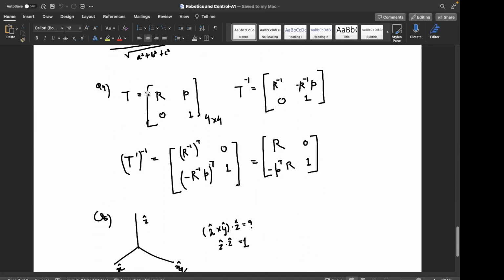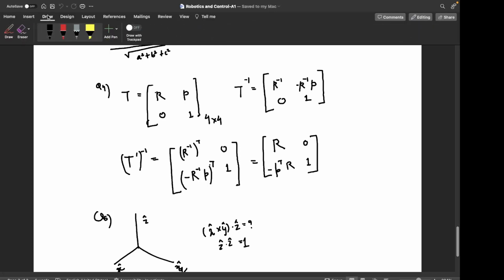So let's say this is a transformation matrix. The general form is that we have a 3 cross 3 rotation matrix in it, and this is a 3 cross 1 vector which denotes translation. Overall this is a 4 cross 4 matrix.